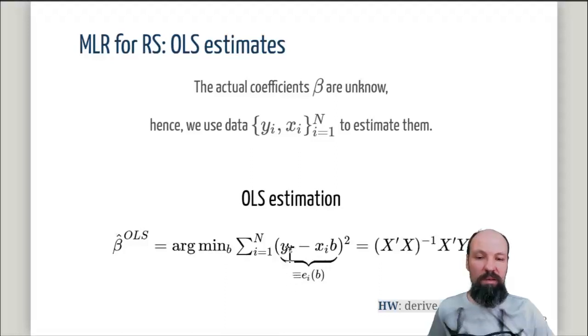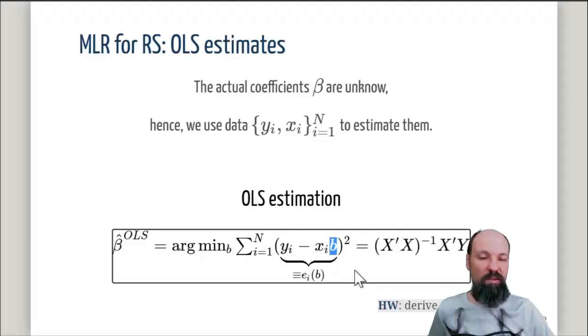We take some value of the betas, not the betas exactly because we don't know them, but suppose there's something like a vector of coefficients b, the same dimensionality as betas. So basically just plug in there some numbers. Call the difference between the left-hand side variable and the product of the right-hand side variables and the coefficients the residual, square it up.